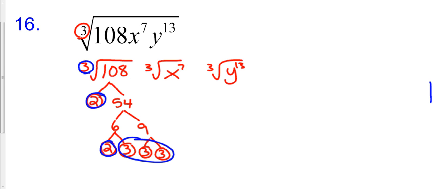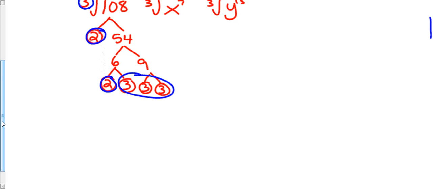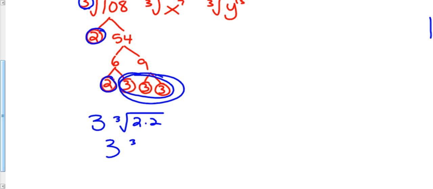Okay, so we will go ahead and rewrite this now. This group of 3s again can go on the outside, and then I will have the cube root of a 2 and a 2, which of course is the cube root of 4. So that's how much that one can simplify.